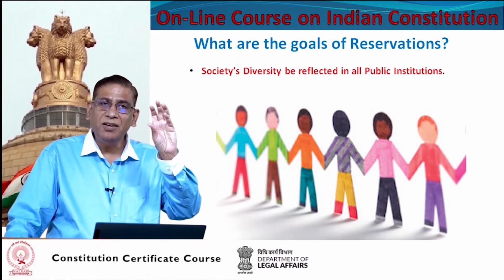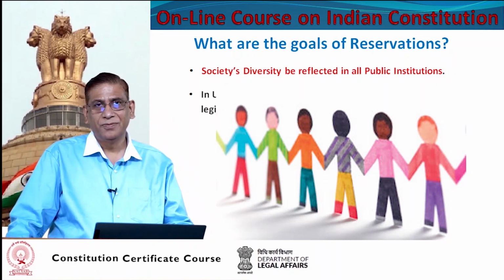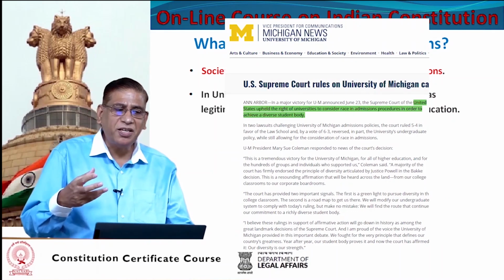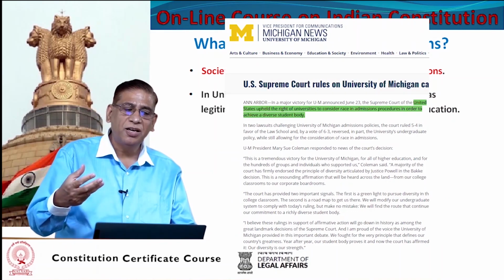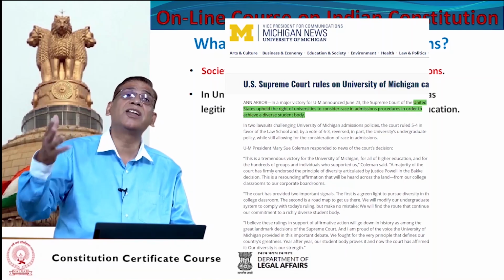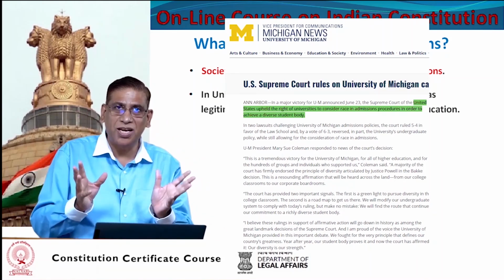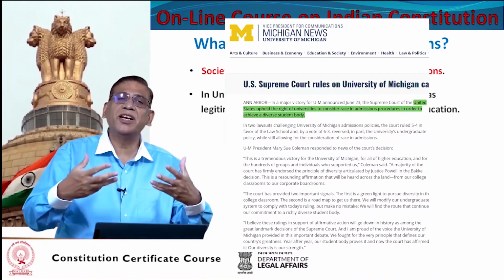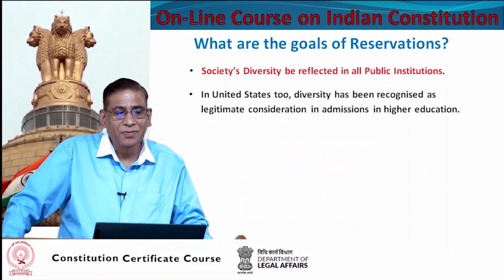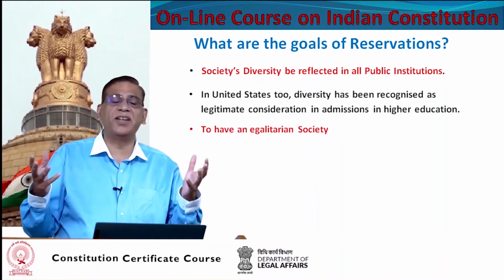This is a reason adopted even in the United States, where diversity is considered a legitimate consideration in admissions in higher education. There is no reservation policy, so to say, like ours, but diversity is taken into account in admissions. The goal of a reservation policy is to have an egalitarian society.